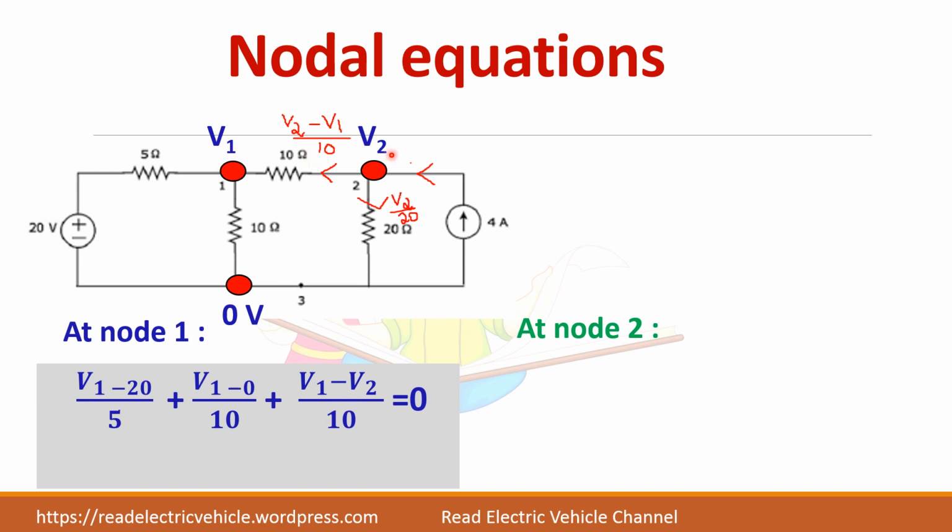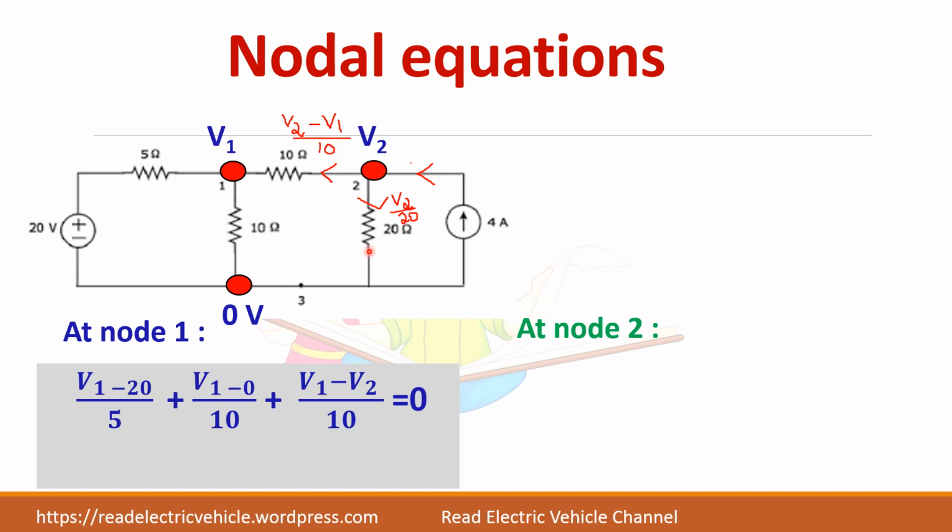The same thing we do in mesh analysis. When you write for the second loop, you will write I2 minus I1, and when you write for the first loop, you will write I1 minus I2. Similar to that, when you write for node 2, you write it as (V2 minus V1) by 10.